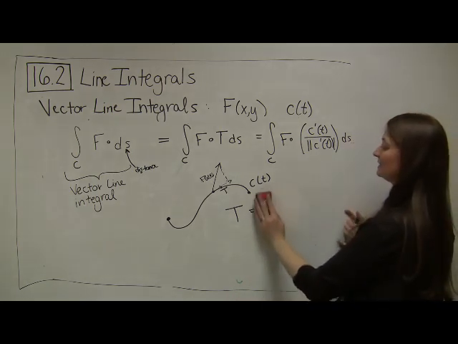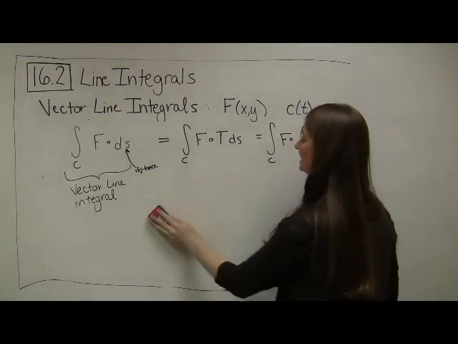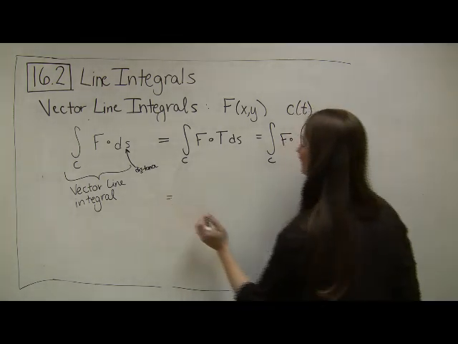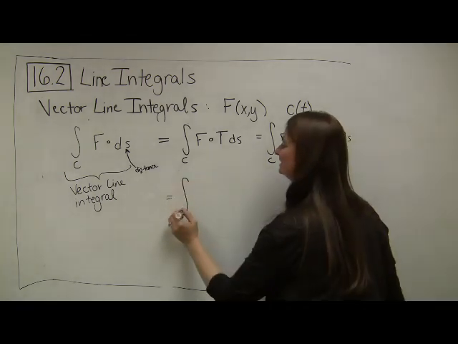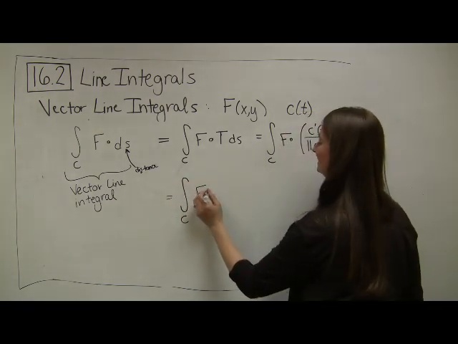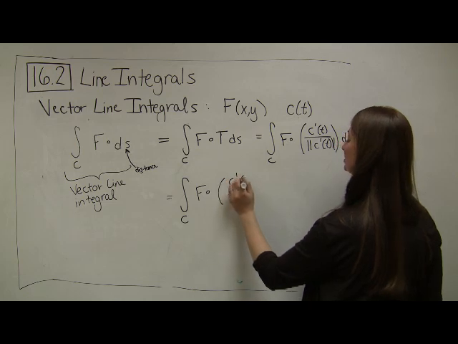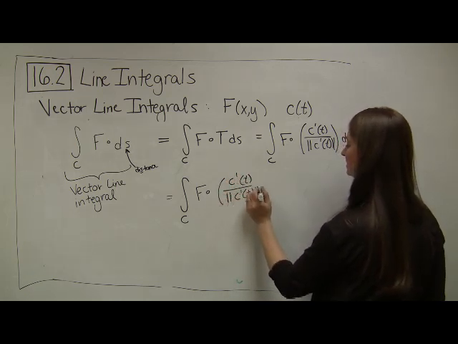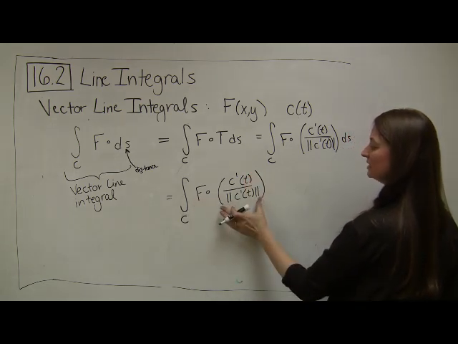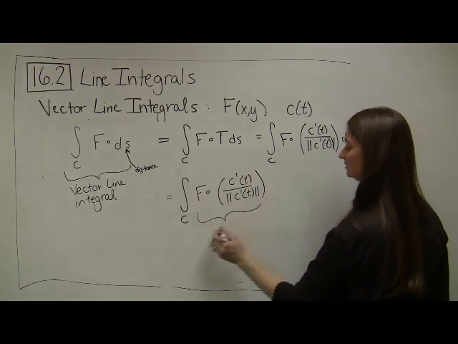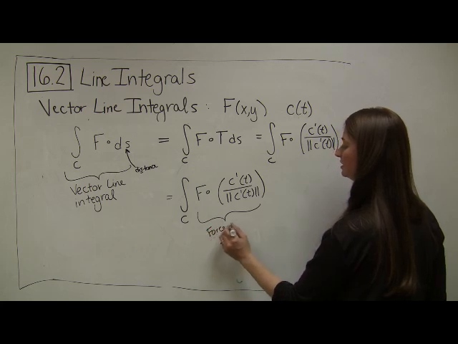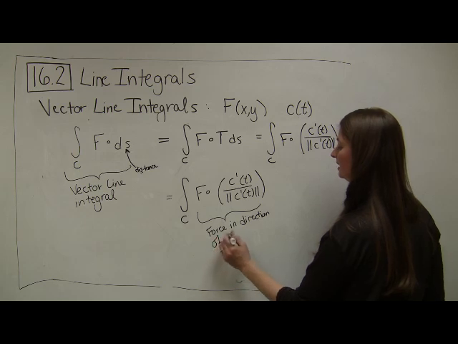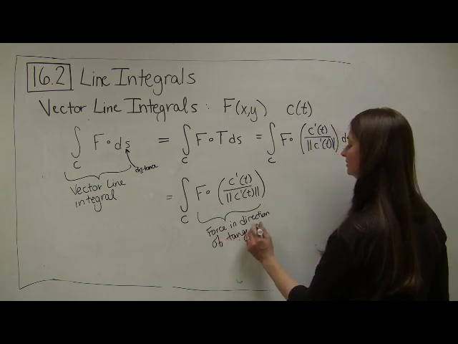If I want to convert my distance into time, we know that speed times time is equal to distance. This is a little heuristically derived, but I think that intuitively it gives a really good picture of what we're looking at. So this is telling us how much force is in the direction of the tangent vector.